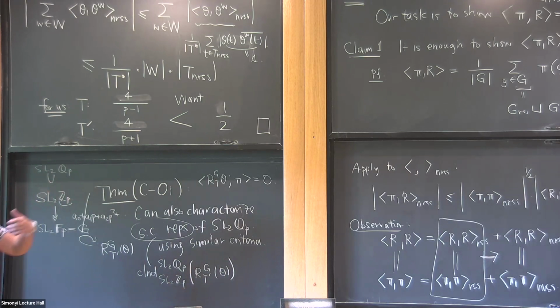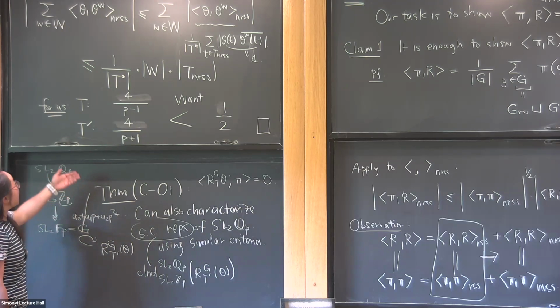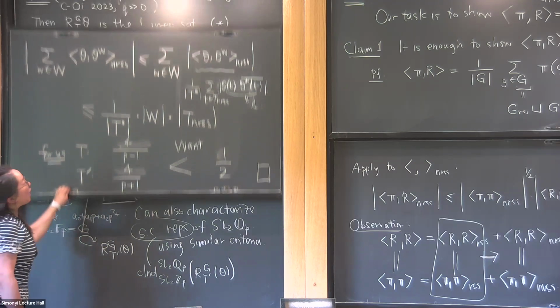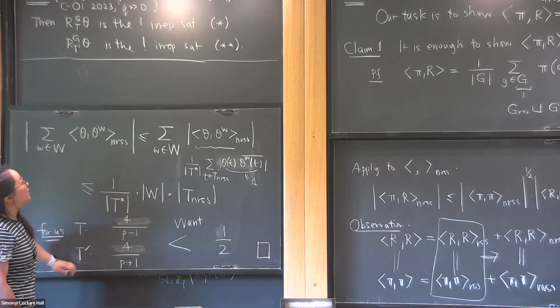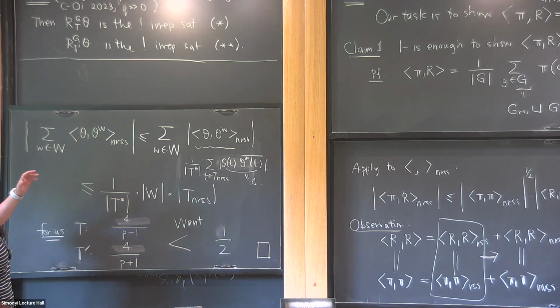Over the algebraic closure, the non-regular semisimple ones make up 0%. However, there's a rationality issue: we're not trying to do something over F_p bar, we're really trying to do something over F_q. It's a finite problem, and the rationality constraints are very important in proving this kind of thing.